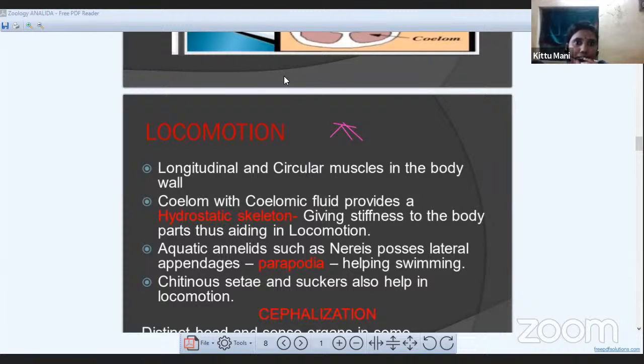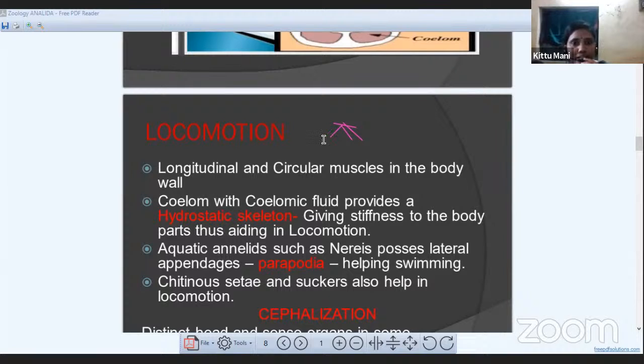Which one, students? Cuticular layer. Second one is the epidermis. What is that? Epidermis. And the third one is the muscular layer. What is that, students? Muscular layer.